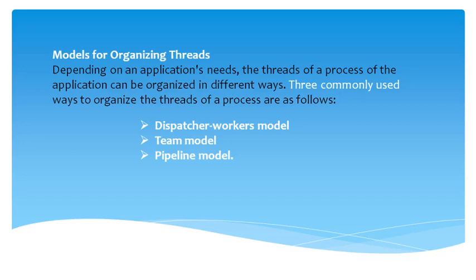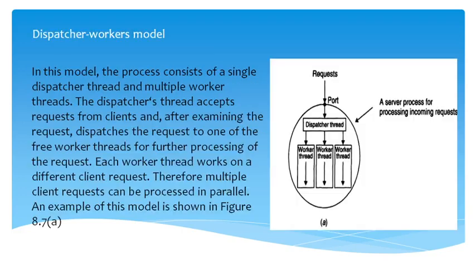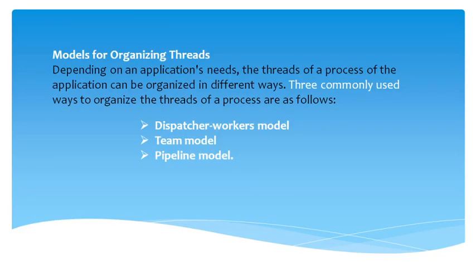See here, there are basically three types of models. Those are dispatcher worker model, team model, pipeline model. What are these models for organizing threads? It means how threads can be organized.